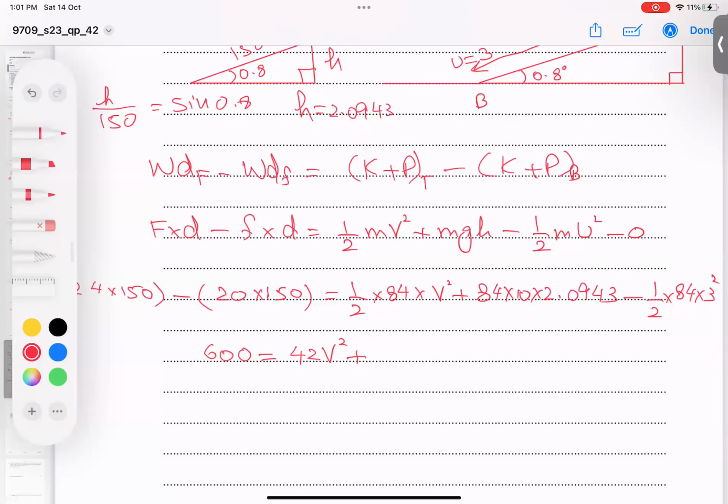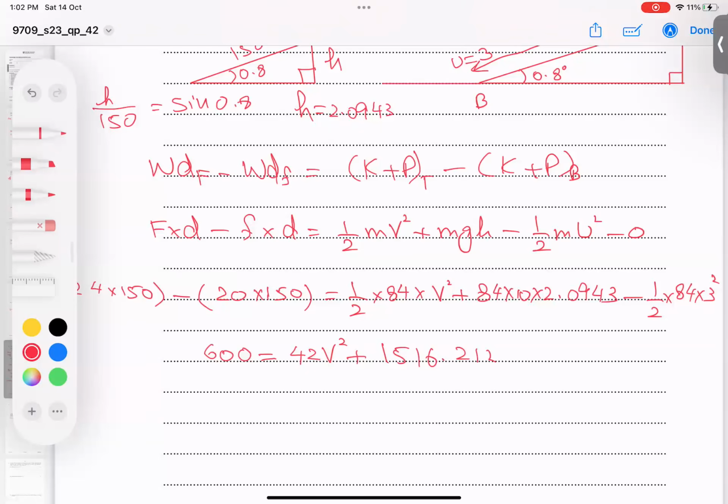The answer comes out as 161516.212, and hold on, I think this is a mistake. Yes, I made a typing mistake. Let me check, I maybe typed it wrongly. This is 600.